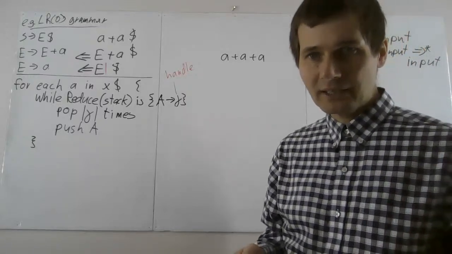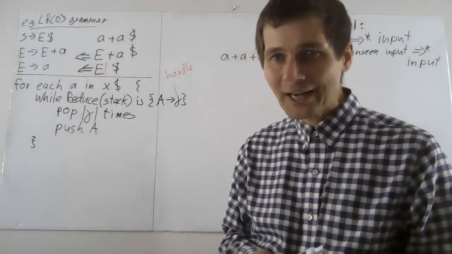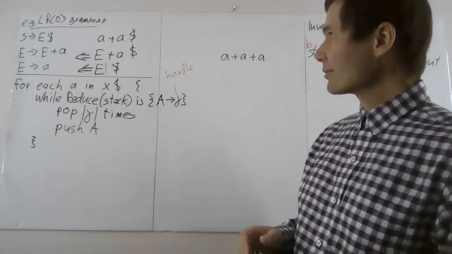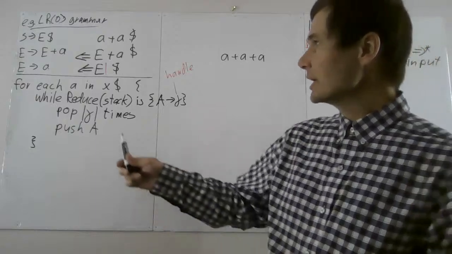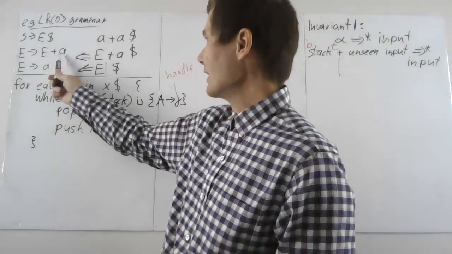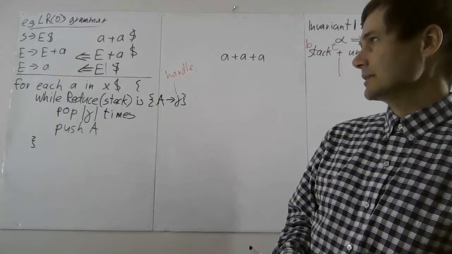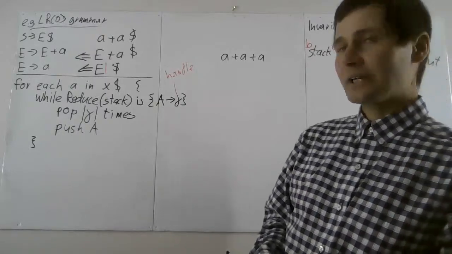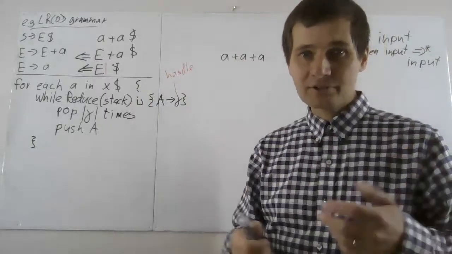ask away. So a maximal strategy would also handle this. So for this grammar, yes. If you can reduce by this, then I believe it is always the right choice for this particular grammar, but not in general.